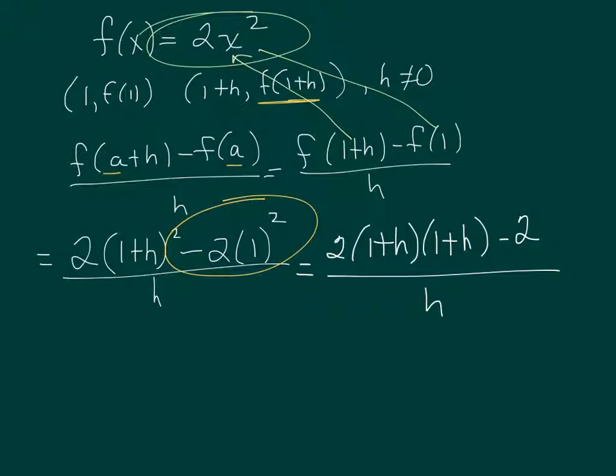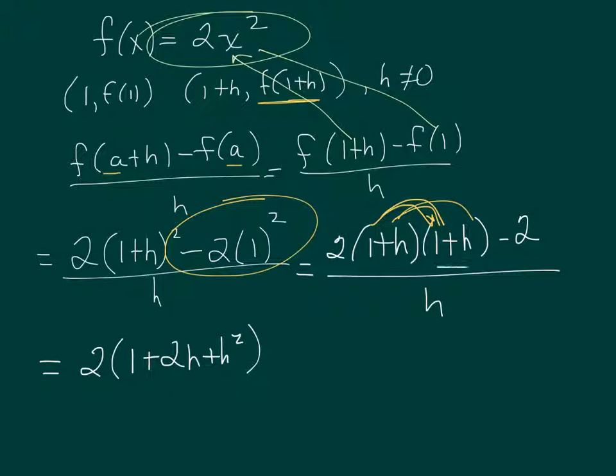And so now I have to FOIL this out. There's a shortcut that says square the first term, plus 2 times 1 times h, and then square the last term. If you're like, what?